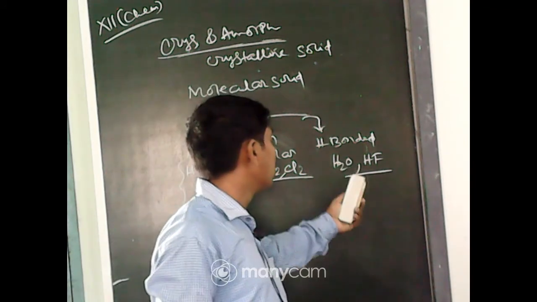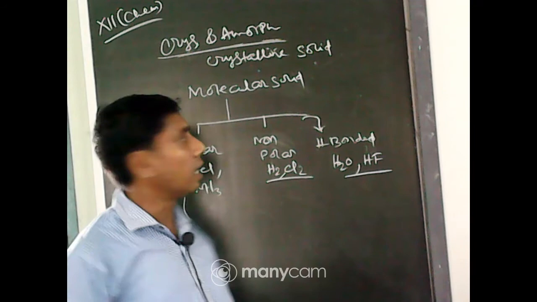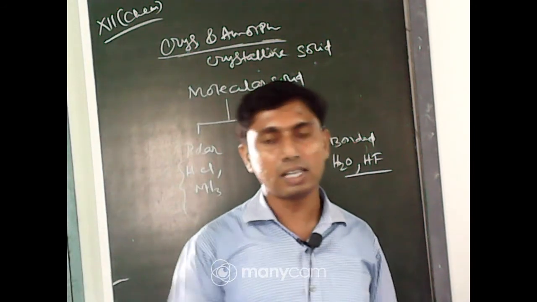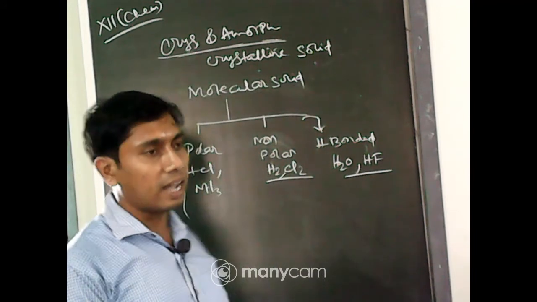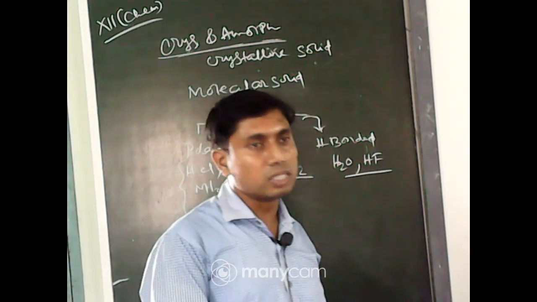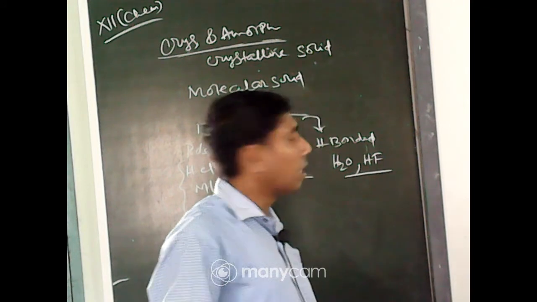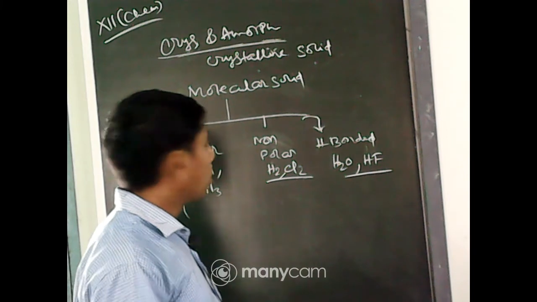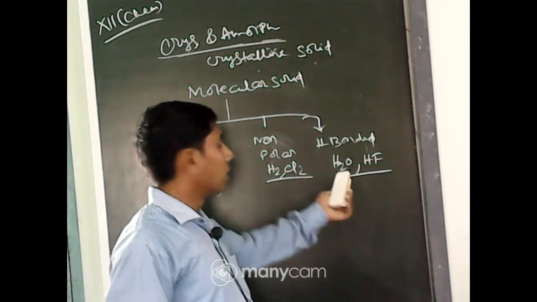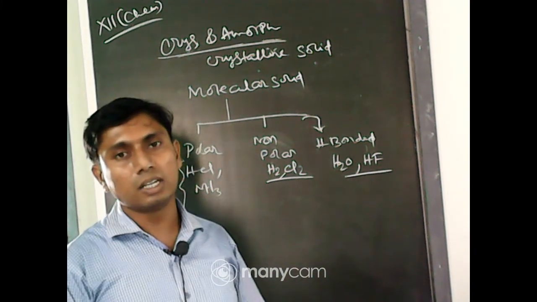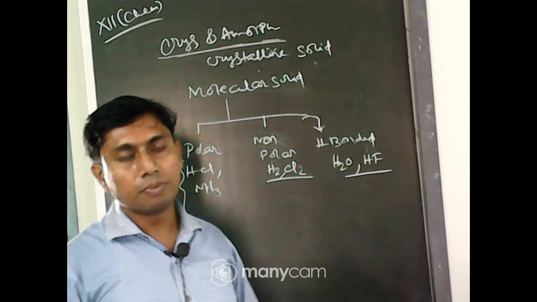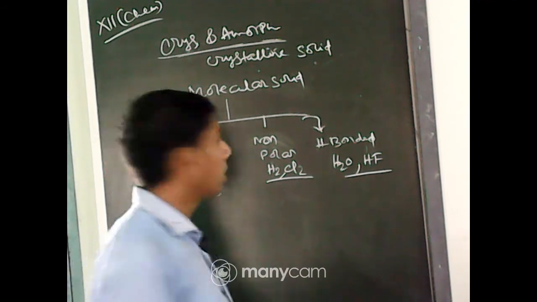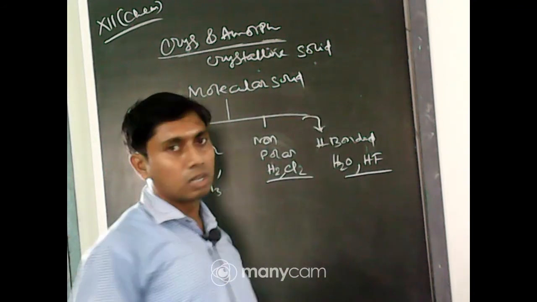Because they are liquids but are assumed to be molecular solids, a contradiction may arise: they are liquids in general state, so how are they assumed to be solid? But here the concept is that the molecular level is taken into consideration, not the physical state. At the molecular level they are solid, the molecular solid.